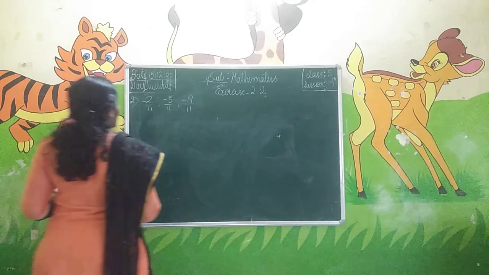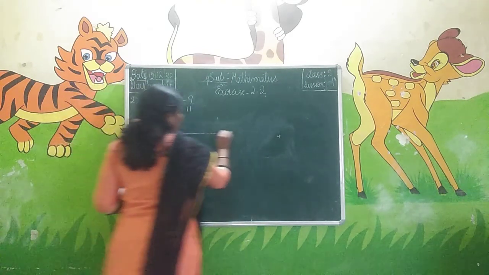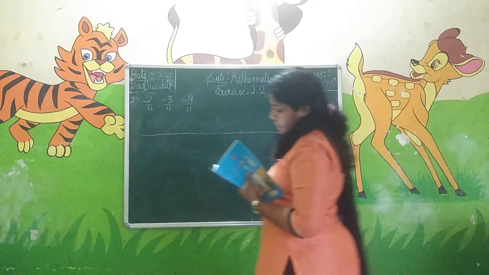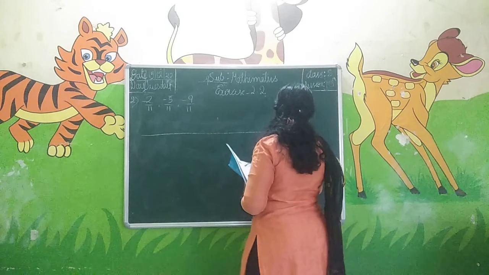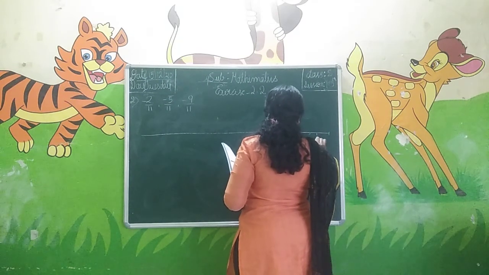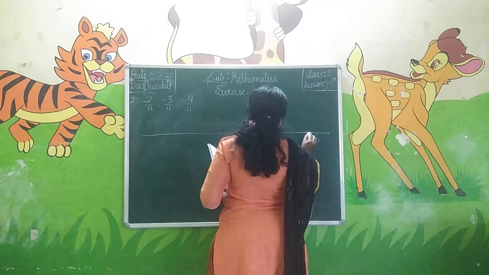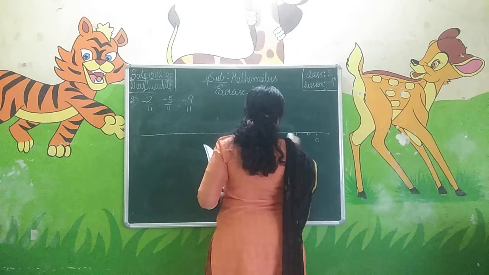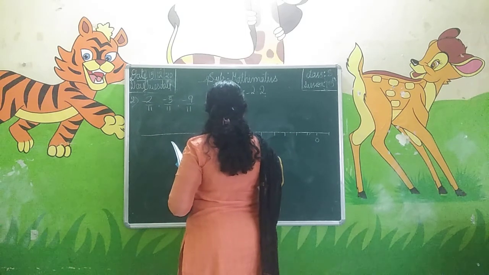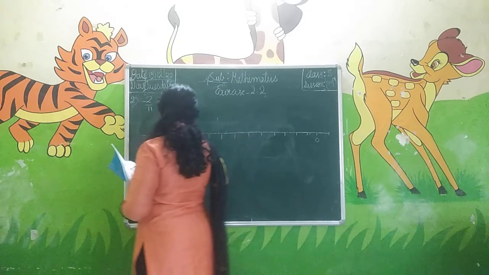These numbers should be represented on the number line. So first we have to draw the number line, which starts from the 0, but they have given all in negative integers itself. So start from here, 0. How many parts do we have? 11 parts. So 1, 2, 3, 4, 5, 6, 7, 8, 9, 10, 11.